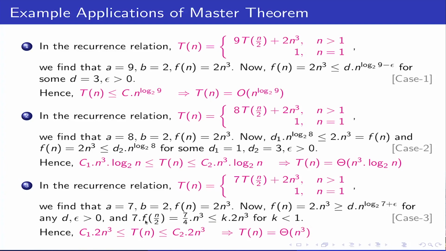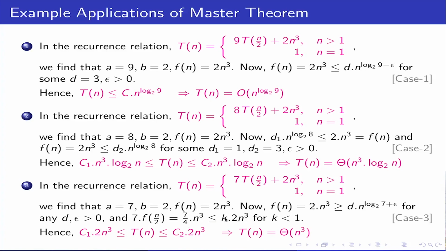When that happens, I need to check 7 f(n by 2) equal to this one. And when this is less than k into my function, so a f(n by b) is less than or equal to k f(n) for some k value less than 1, because it is 7 by 4 n cube and this is 2 n cube.